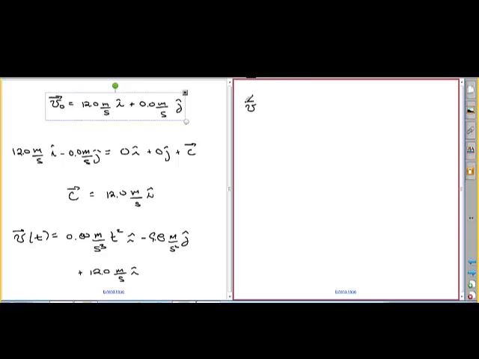And I can combine these two together, so my velocity vector as a function of time is 0.80 meters per second cubed t squared plus 12.0 meters per second, whole thing times the unit vector in the I direction, minus 9.8 meters per second squared.